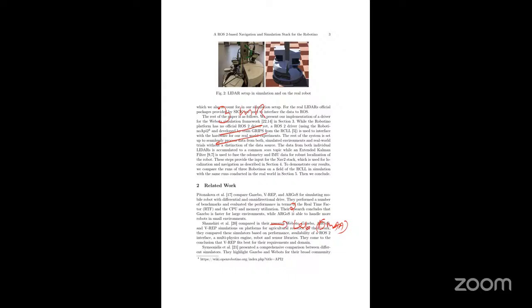Simeon Dis, these researchers compared different robot simulators. They studied Gazebo and VBots. These two simulation applications get large community support and also good documentation. Because of that, these two are commonly used in robotics research.